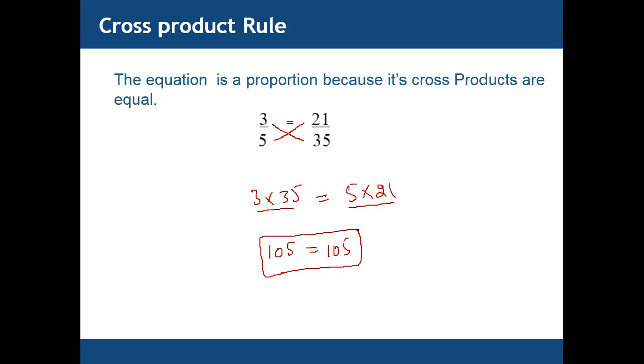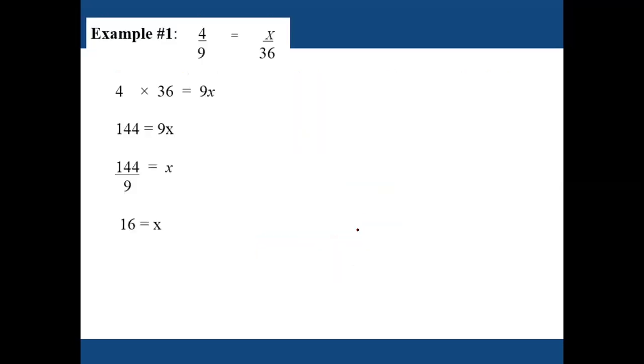With the cross product, we multiply the numerator of the first with the denominator of the second, and the denominator of the first with the numerator of the second. Let's solve some examples on proportion, for finding an unknown value. We have 4 divided by 9 equal to x divided by 36. How do we find the value of x?